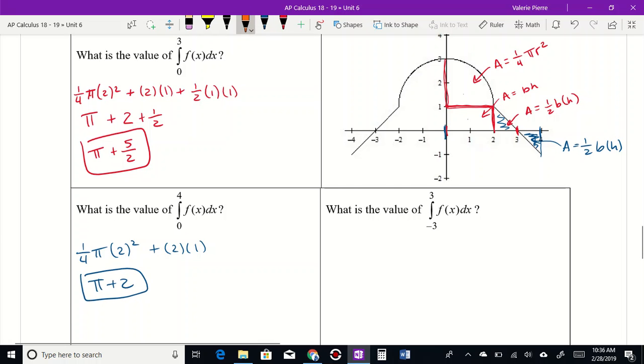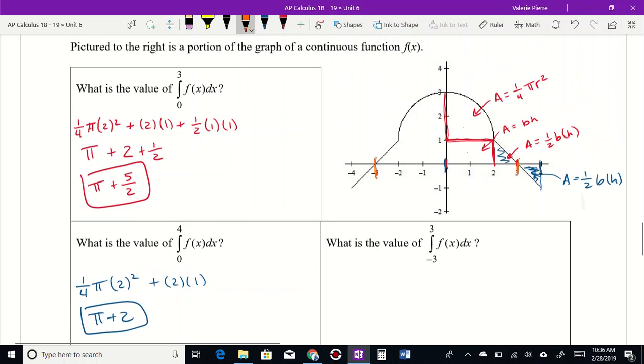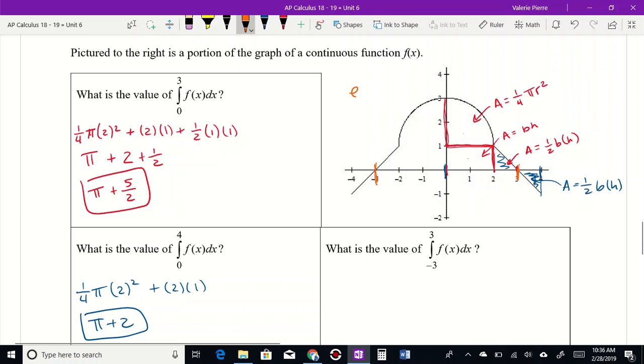Now this next piece, we want the value of the integral from -3 to 3 of f of x dx. So here we're looking -3 to 3. If we look at this function, this is an even function, right? Because if you look at the right side of the y-axis and the left side of the y-axis, they are the exact same function, just reflected over the y-axis.